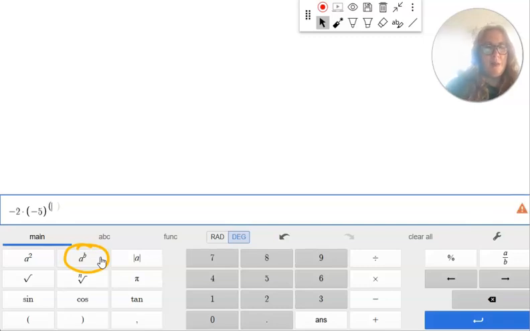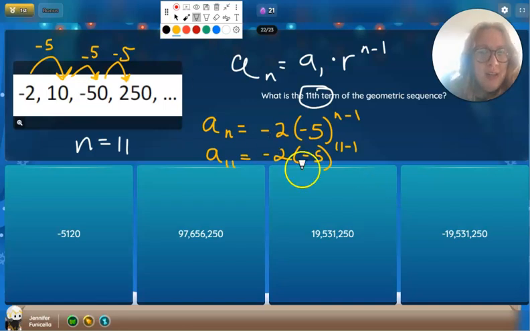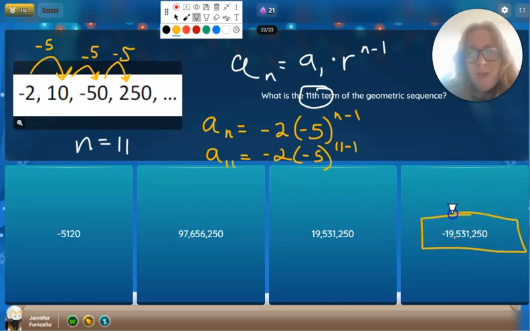If I put the exponent in parentheses, it'll stay up there as 11 minus 1. Beautiful. So it has gotten big really quick. This is -19,531,250. Woo! With these geometric sequences, because we're doing our multiplication, they're going to climb really fast.